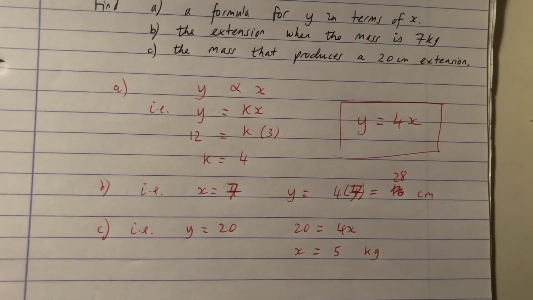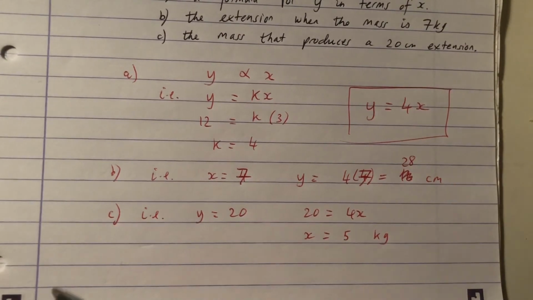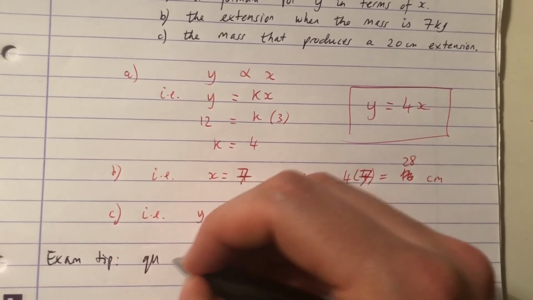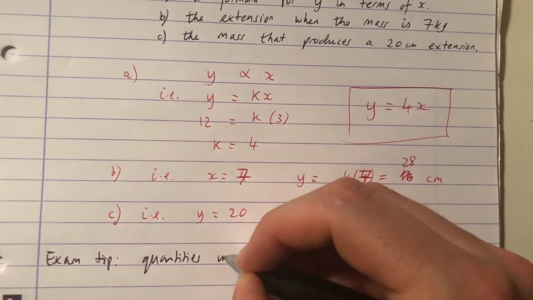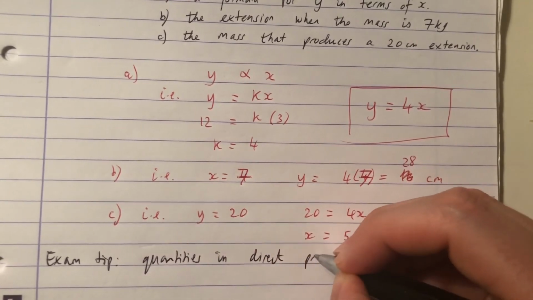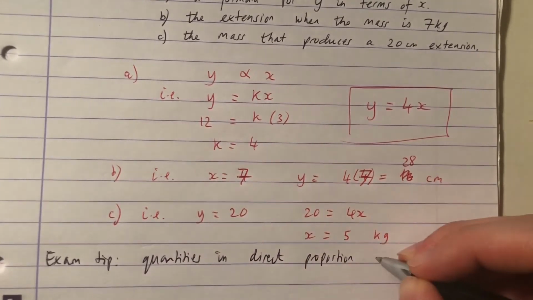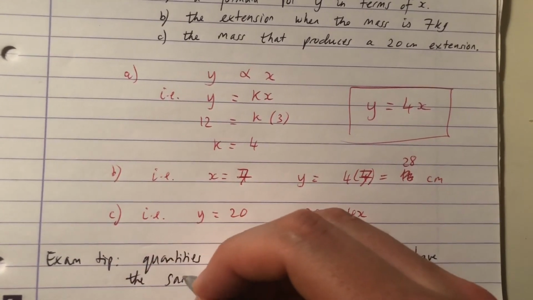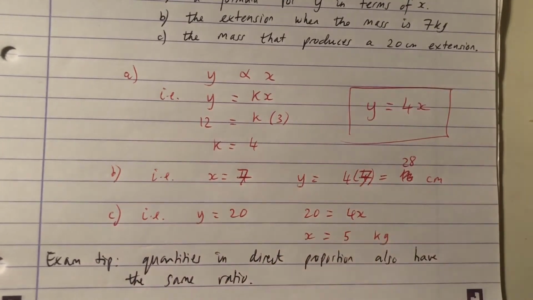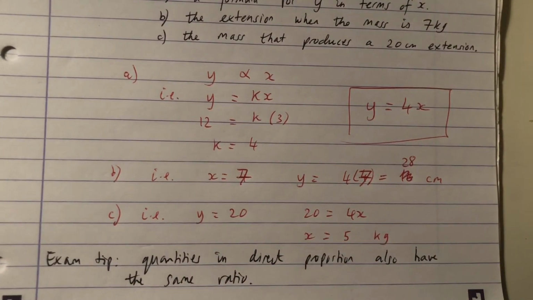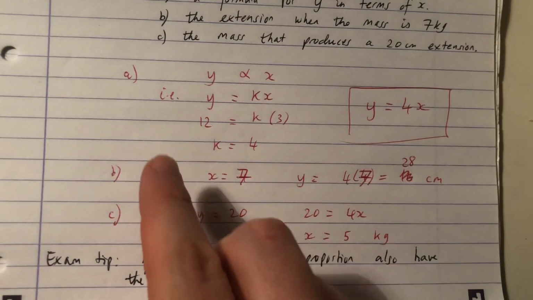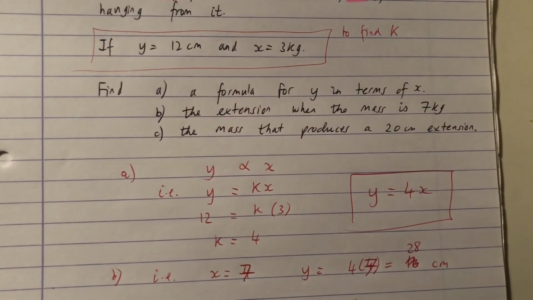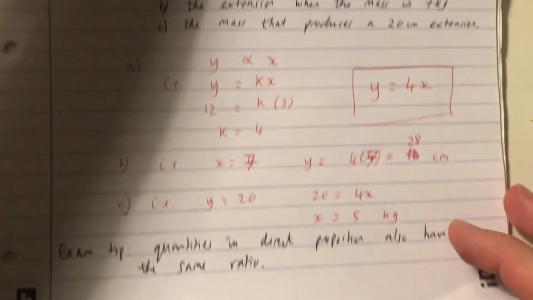Now, the exam tip I'm going to give you for this is quantities in direct proportion also have the same ratio. What that means is, if I pick pairs of quantities like I was given in the question and like I worked out in parts B and C, the ratio always needs to be exactly the same.